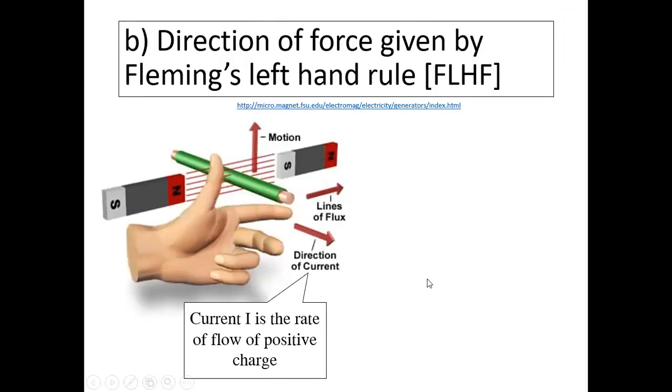Okay, direction. We can use Fleming's left-hand rule. The thumb represents the motion. The three fingers must be perpendicular to each other. There's the thumb, the force, the motion, and then the first finger. Wait, so the three fingers have to be perpendicular to each other?